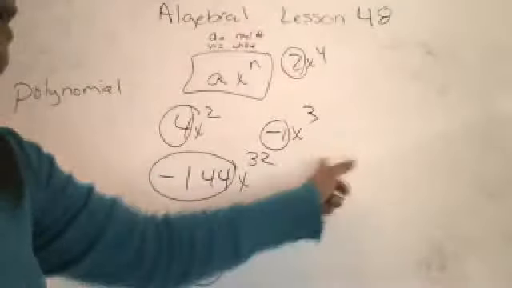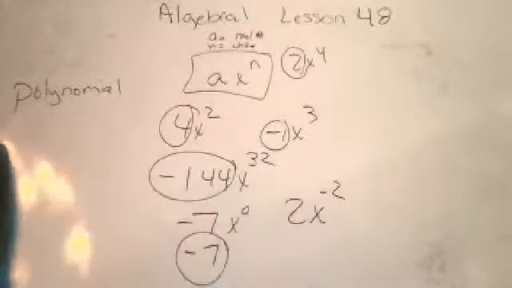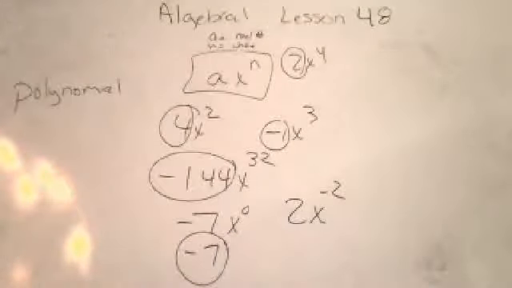My exponent n is not a whole number, and it's negative. So therefore, that is not a polynomial. It must meet all three of them, okay? So let's refresh our memory. Anything to the 0 power is equal to what? 1.